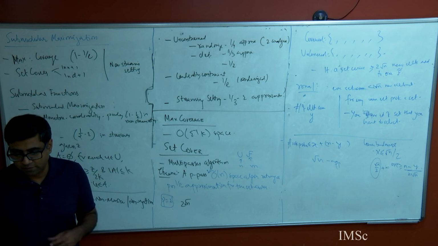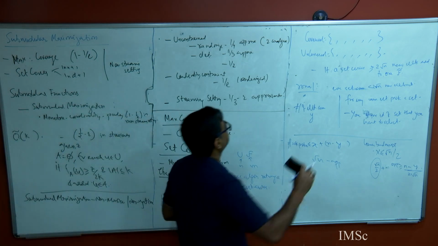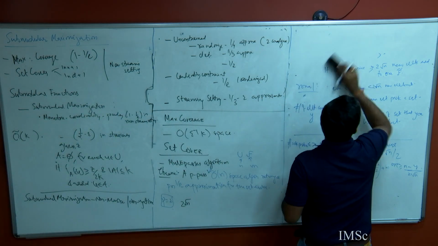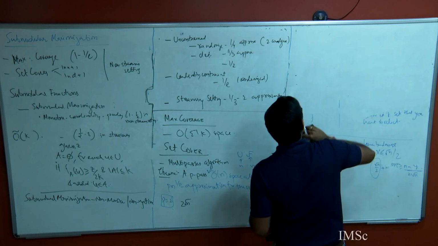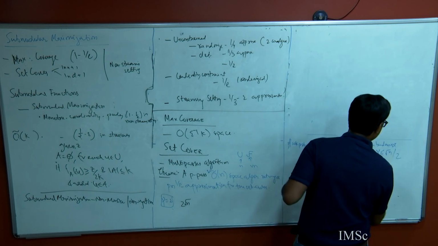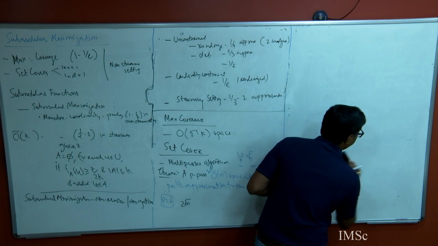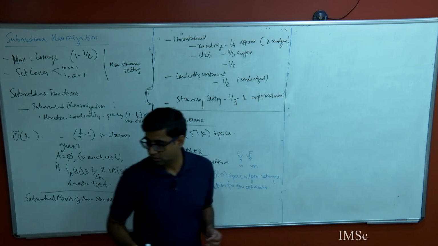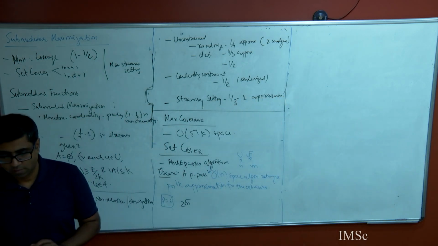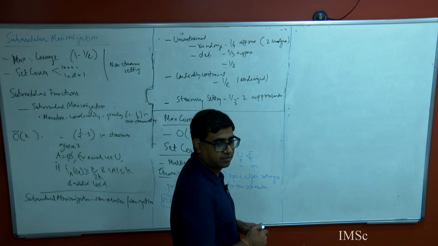Now let me give you the real algorithm itself. You still maintain covered and uncovered, and let's do the analysis. This is called the algorithm with decreasing threshold.